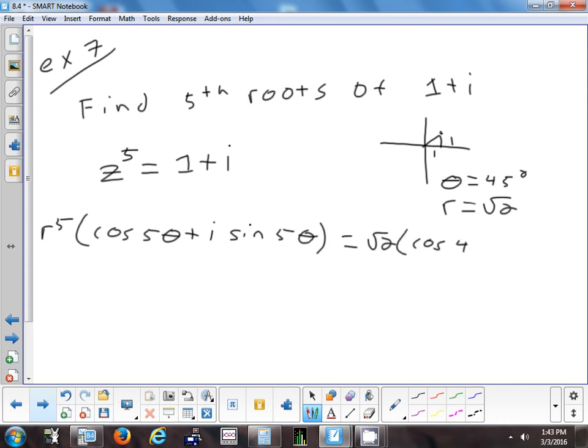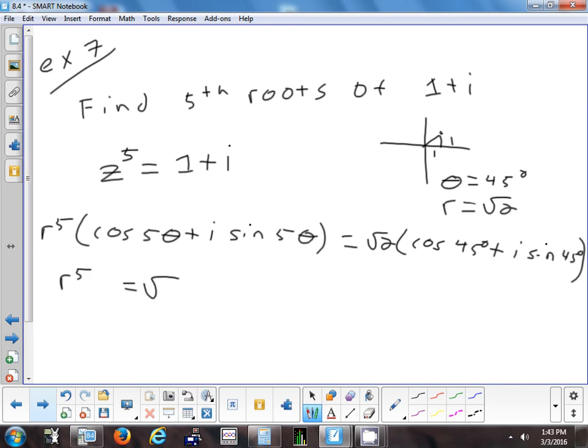Okay, r cosine theta plus i sine theta. Now, what's going to be my equation to find my radius? What equals what? r to the 5th equals square root of 2.